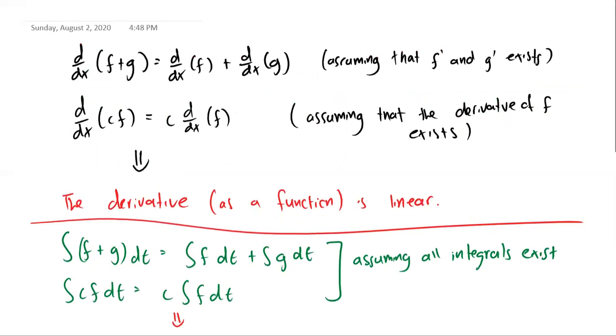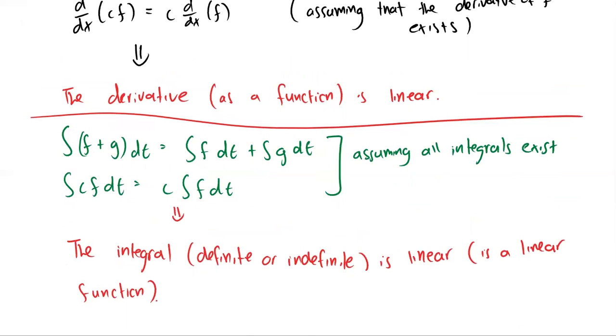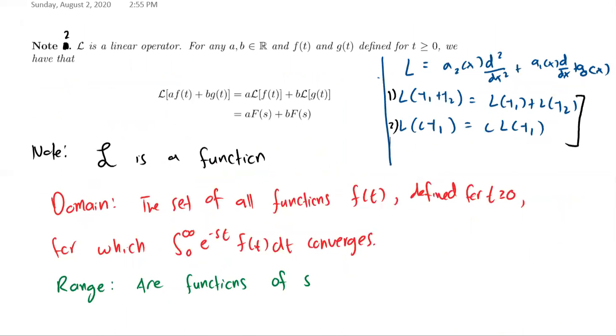So this linearity property is actually more common than you think. We use it all the time in Calc 1 and Calc 2 when working with derivatives and integrals. Similarly, we're going to use it when working with the Laplace transform as a function. And here I wrote that property of linearity in one line. The Laplace transform of a times f of t plus b times g of t, assuming that a and b are constants, and that f of t and g of t are defined for t greater than or equal to 0.